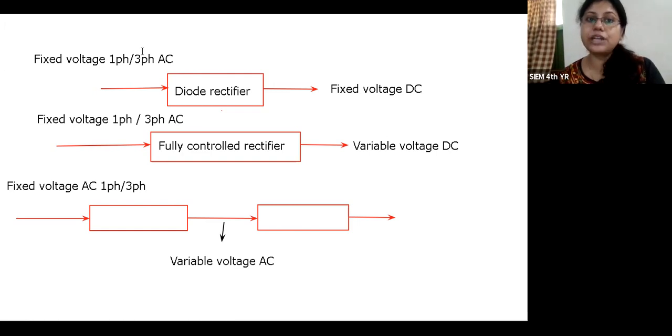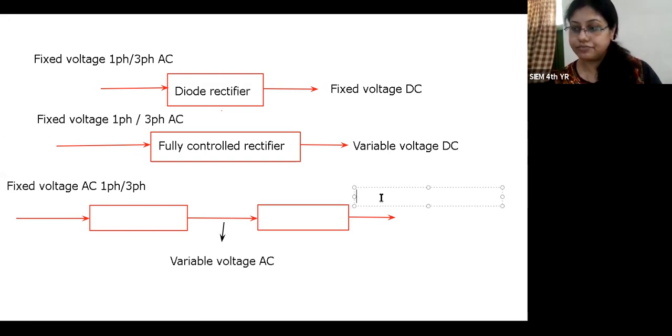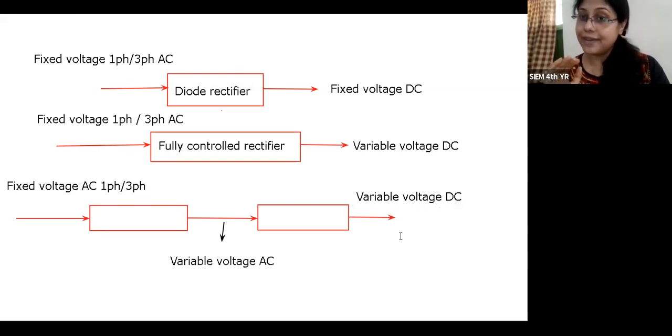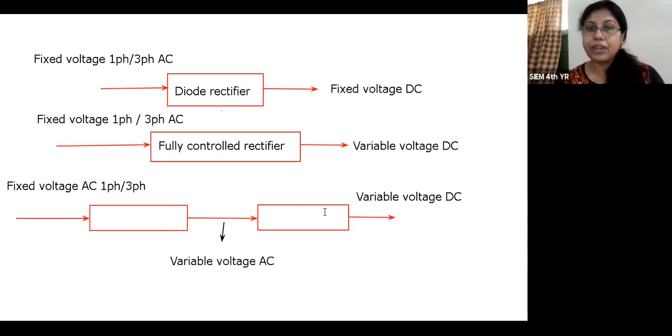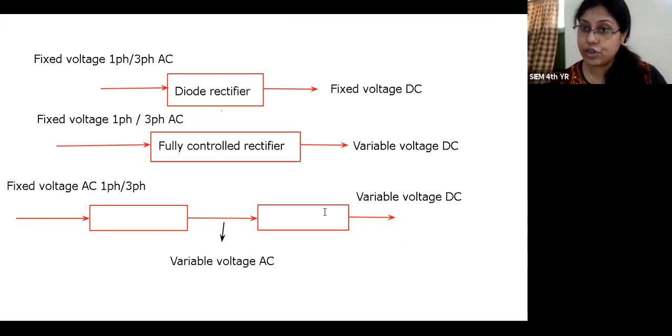But at the output terminal, we are getting variable voltage DC, and this variable voltage DC is directly fed to the DC motor. So you can see that here two power modulators are required.